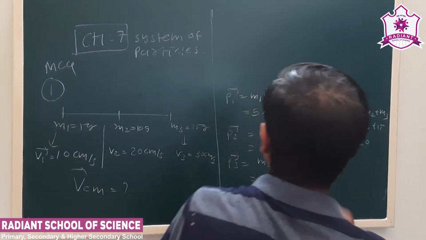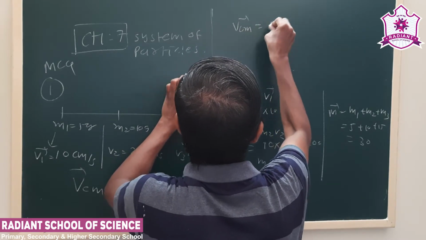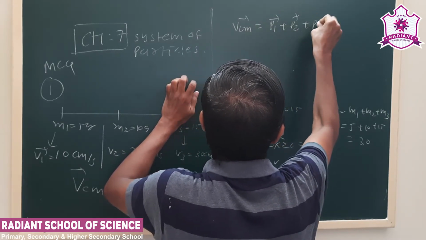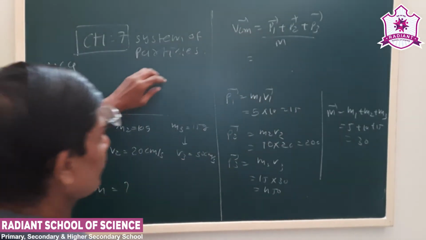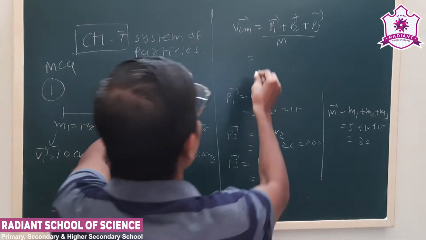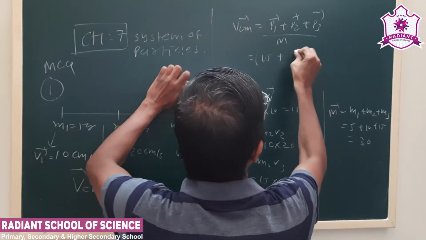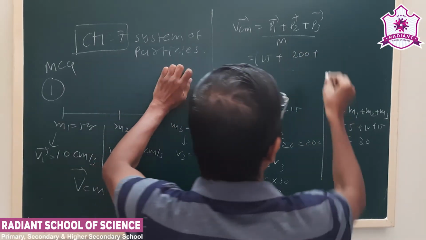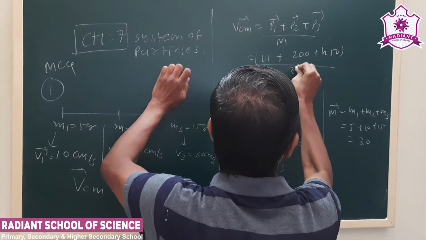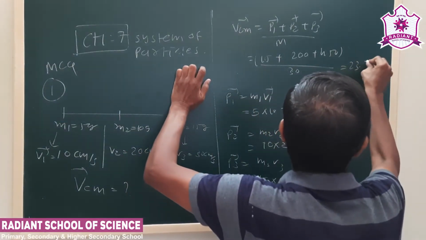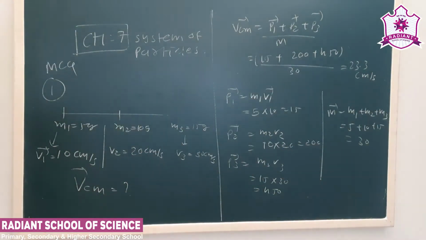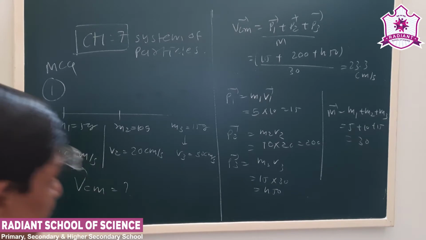VCM is P1 plus P2 plus P3 upon total mass, so 150 plus 200 plus 450 upon total mass 30. We can simplify, and it is 23.3. So this is how we can solve. That is our MCQ number 1.